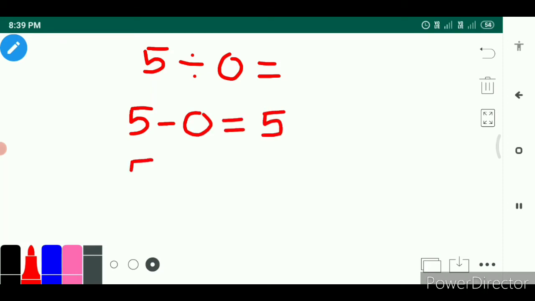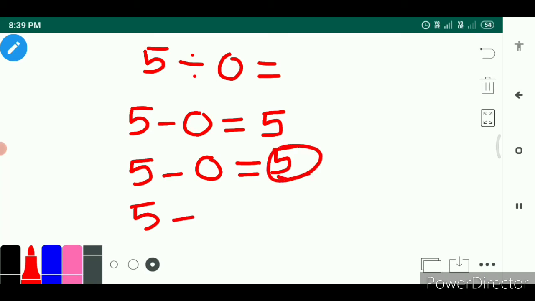Again I take 5, subtract 0, and my answer is 5. Again the same. As you can see, the difference is always 5, no matter how many times you subtract. That's why we can't divide any number by 0.